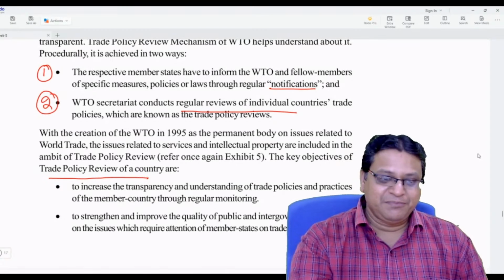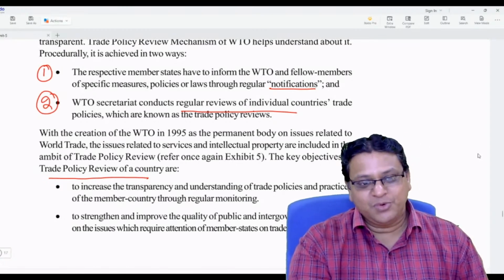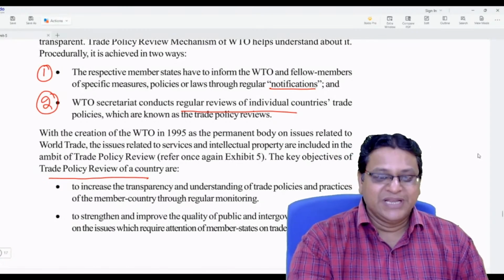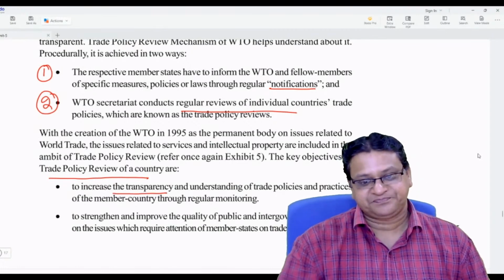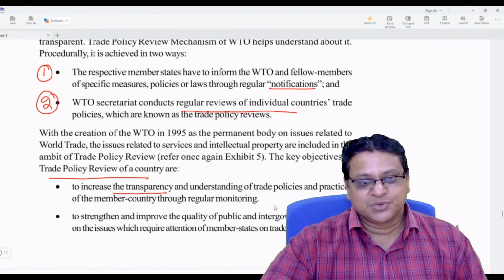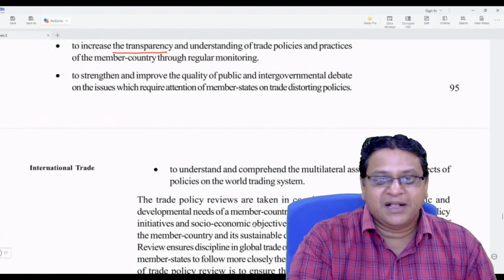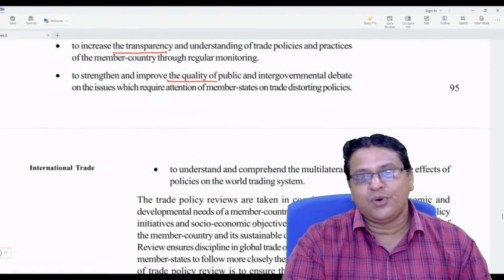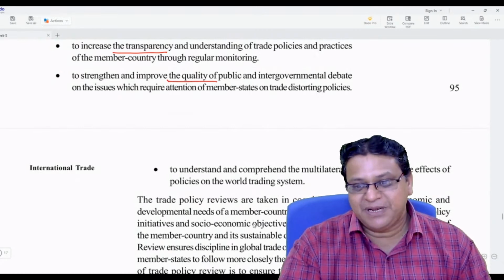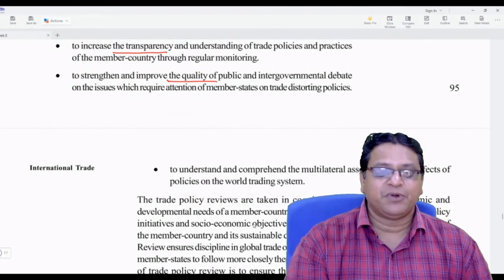Trade policy reviews are made by WTO for different member countries to increase transparency in trade policy, to strengthen the quality of public life, and to understand the assessment of the effect of trade policies.